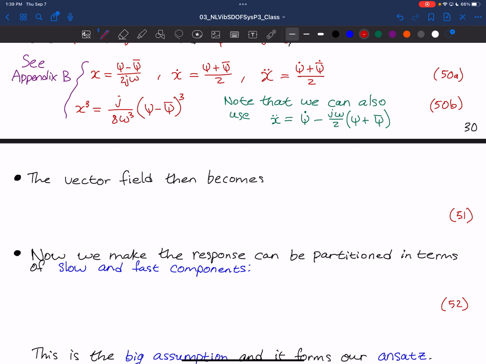All right, I wrote vector field here. We should more accurately say the ODE, to be more clear about what I mean. So we're taking those definitions and substituting them into the equation of motion. That's what we're doing.